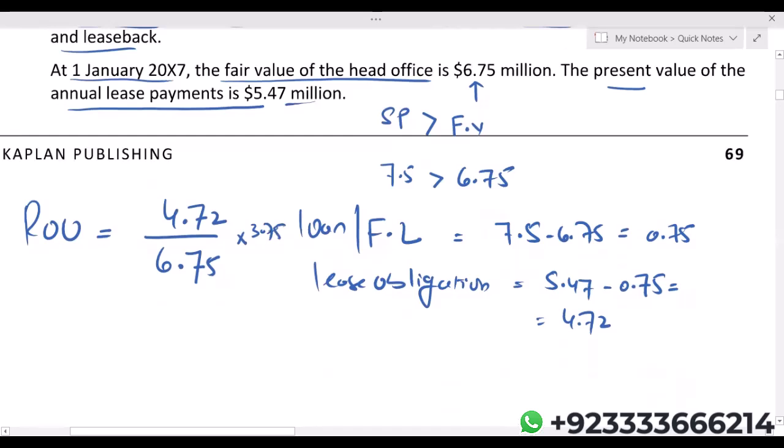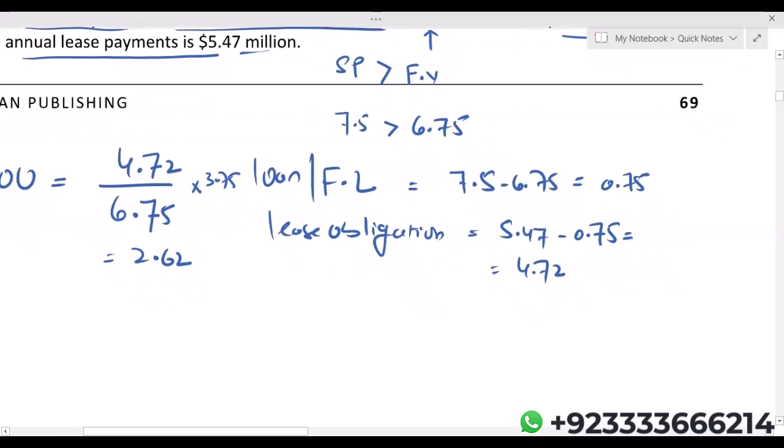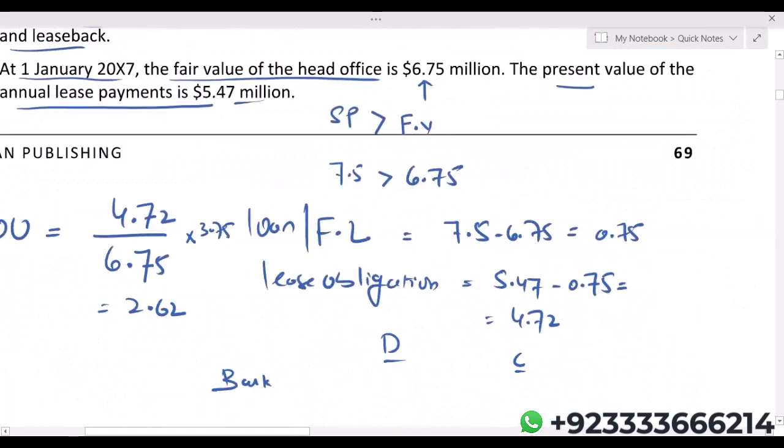Let me use a calculator. 4.72 divided by 6.75 multiply by 3.75. Students, I'm getting 2.62. Now, debit and credit. The cash which we have received, 7.5.